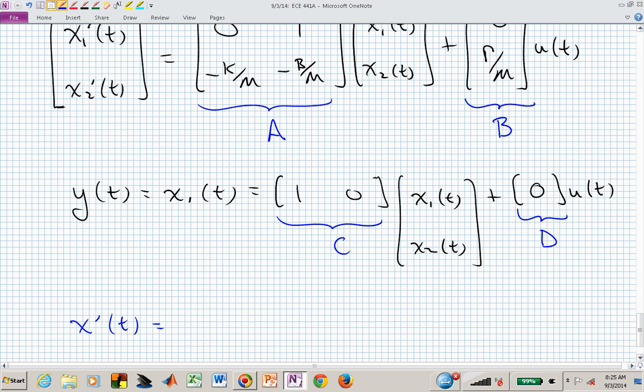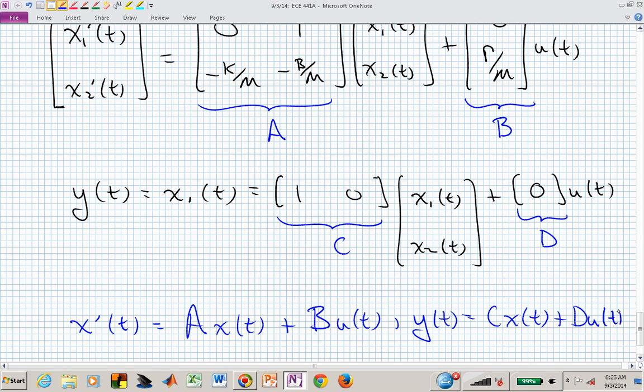We have x prime equaling A x of t plus B u of t, and y of t is equal to C x of t plus D u of t.